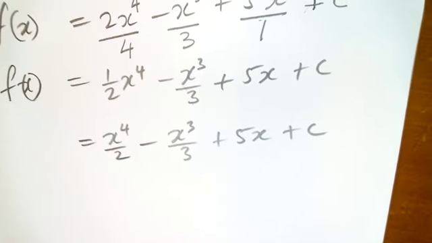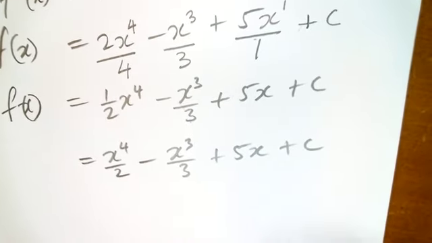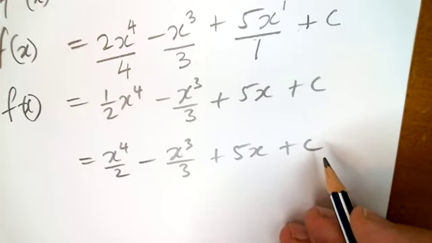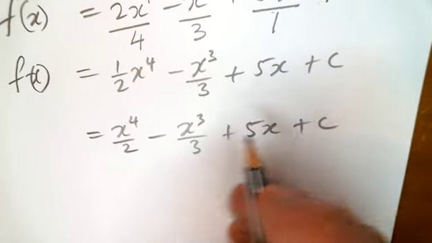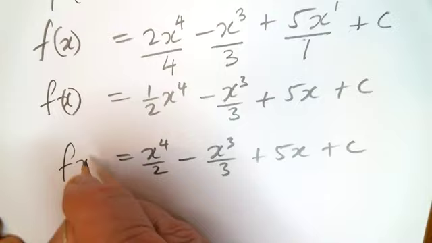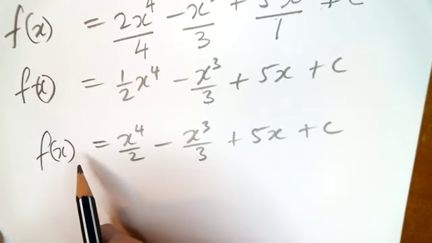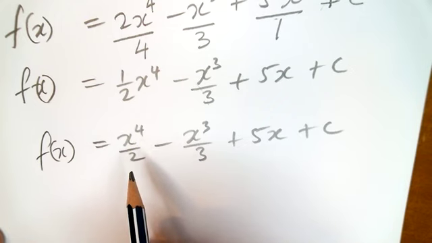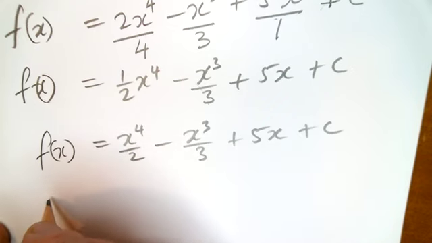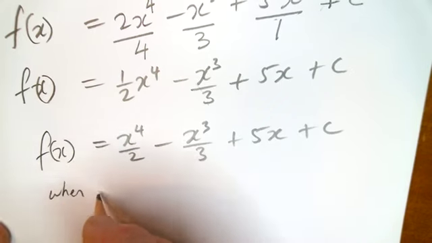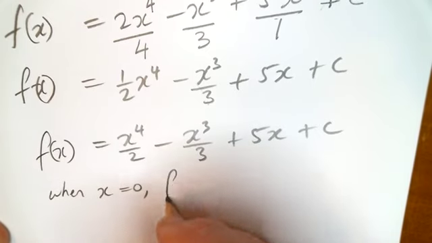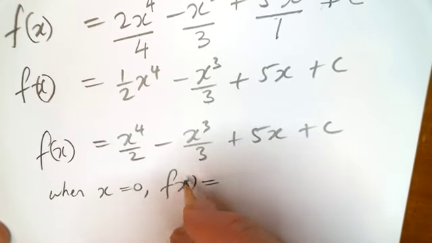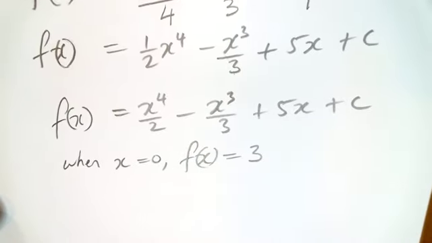Now let's imagine, just for argument's sake, that we were actually told a certain part of this. So we've got f of x, and we were told that when x is 0, f of x is equal to 3.